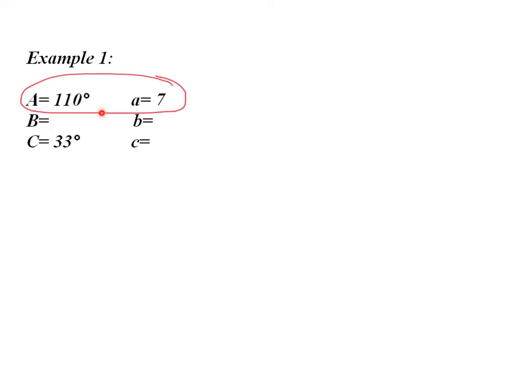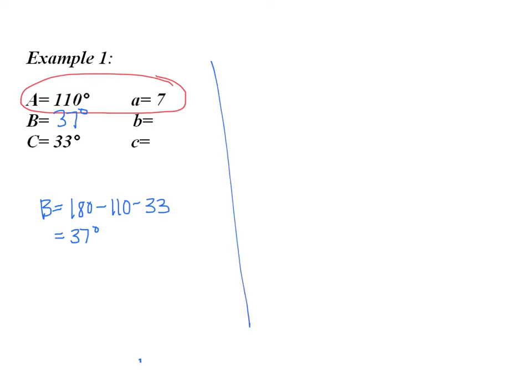And I can go ahead and find my third angle because I know all my angles in a triangle have to add up to 180 degrees. So to find B, I'm just going to take 180 minus 110 minus 33. When I do that, I'm getting angle B to be 37 degrees. So right away, I know angle B is 37 degrees.